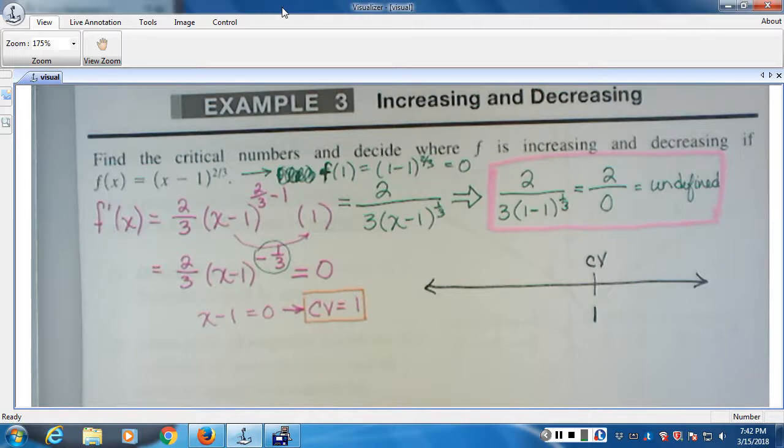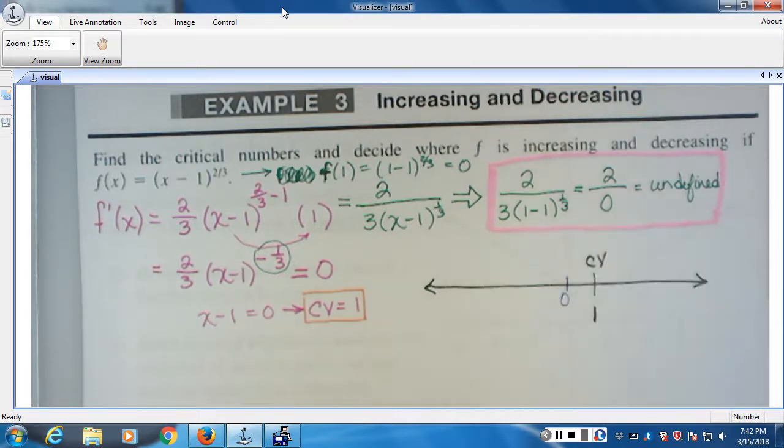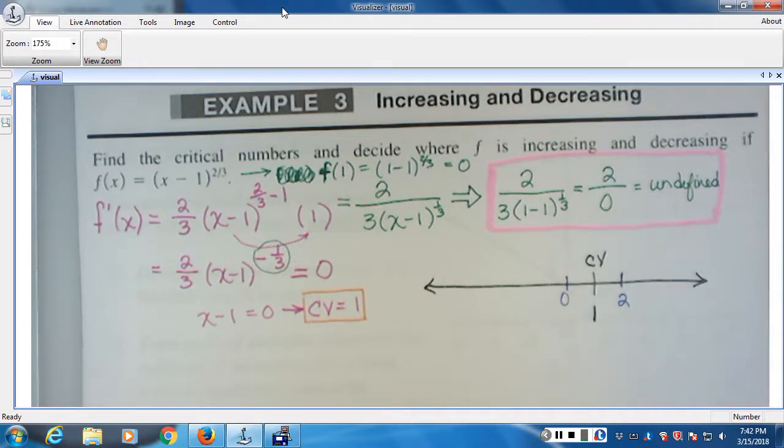And then we plug numbers on either side of 1 back into the derivative to see what happens. And because we don't like using any more weird numbers than we have to, one of the numbers we're going to plug in is going to be 0, and the other one's going to be 2. Okay, we're not going to get real creative.